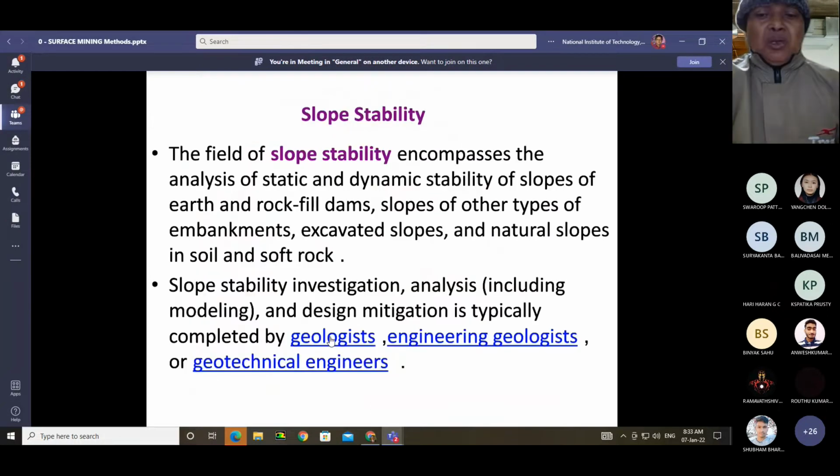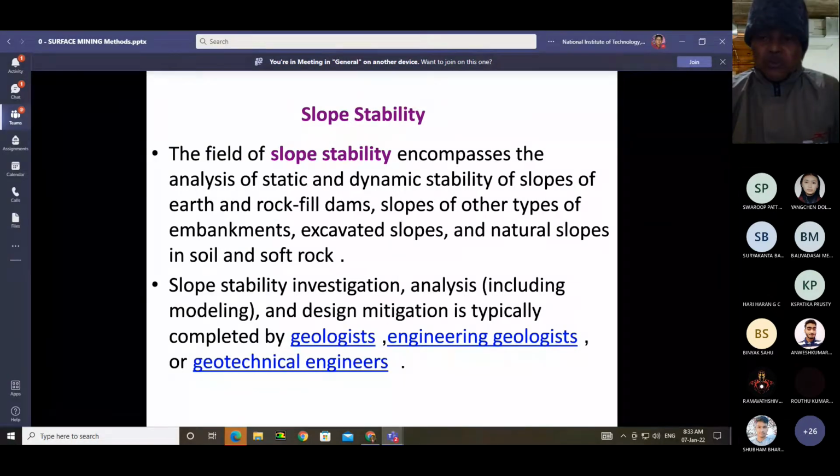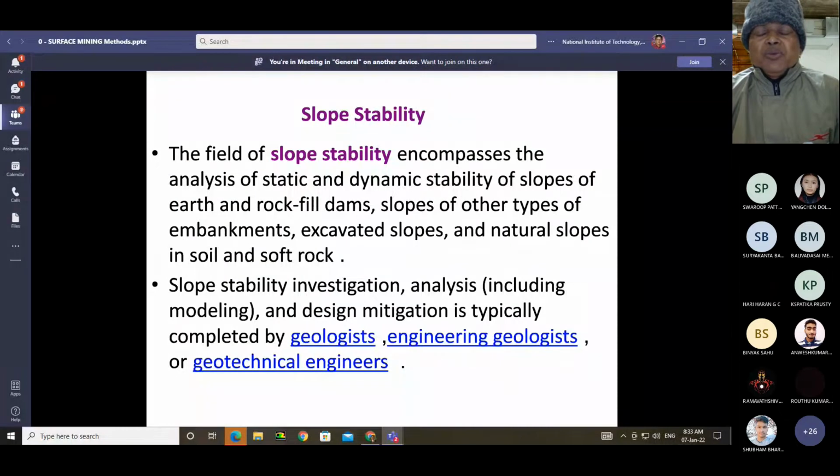The other important aspect of open pit mining is stability of the slopes. Slopes should remain stable. You have to carry out a slope stability study in open pit mining, because if the stability of the slope is hampered, you cannot go for mining. The bench will fail.